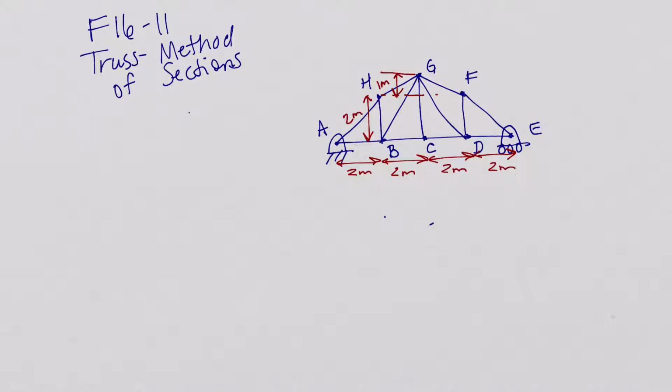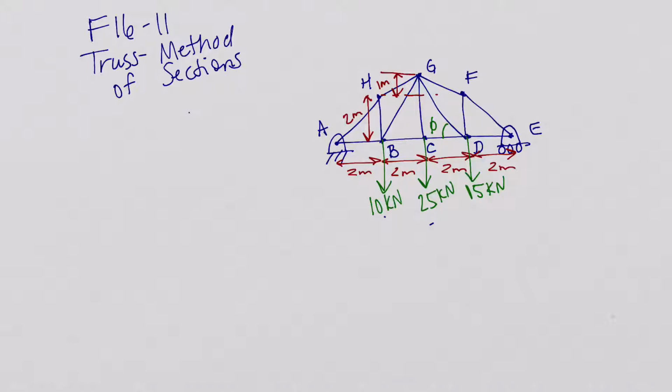From B we have 10 kilonewtons, from C we have 25 kilonewtons, and then from point D we have 15 kilonewtons. And this is phi. They have that on the drawing.